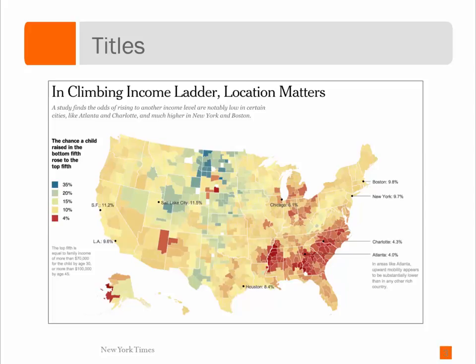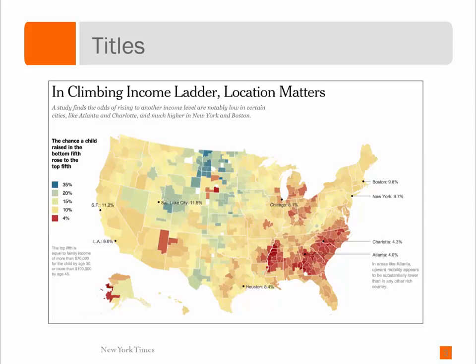Now, coming back to what the New York Times has said. So the first thing that they said is it's notably low in cities like Atlanta and Charlotte. So we look at their two annotations and we find, yes, it's absolutely true that in Charlotte and Atlanta, those areas are highlighted in red, which means there's only a 4% chance that if you're born in the bottom 20%, they're going to make it to the top 20%.